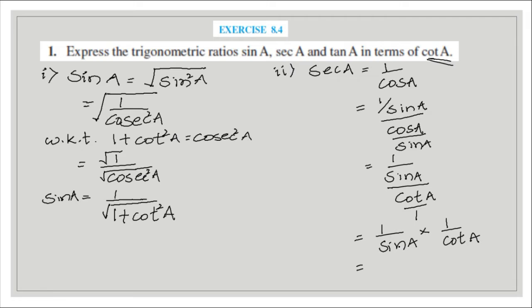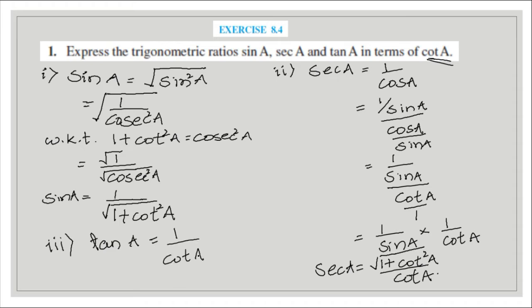It becomes root of 1 plus cot square A divided by cot A. This is how we convert secant A in terms of cot A. Third one, very simple, tan A to be converted. Tan A, we know that it is reciprocal of cot A, so hence this is the solution.